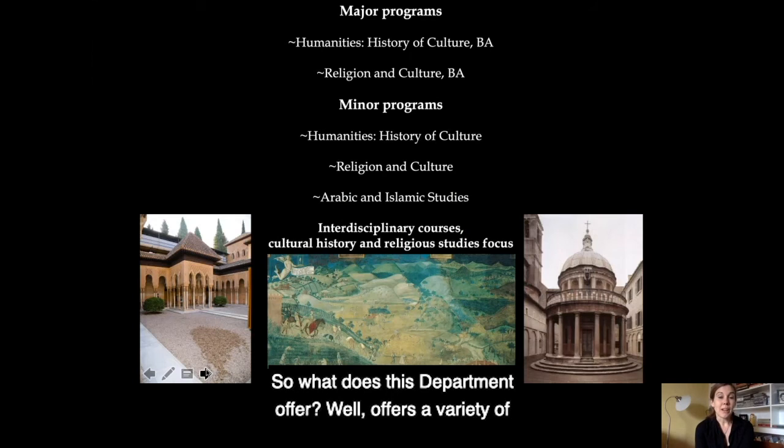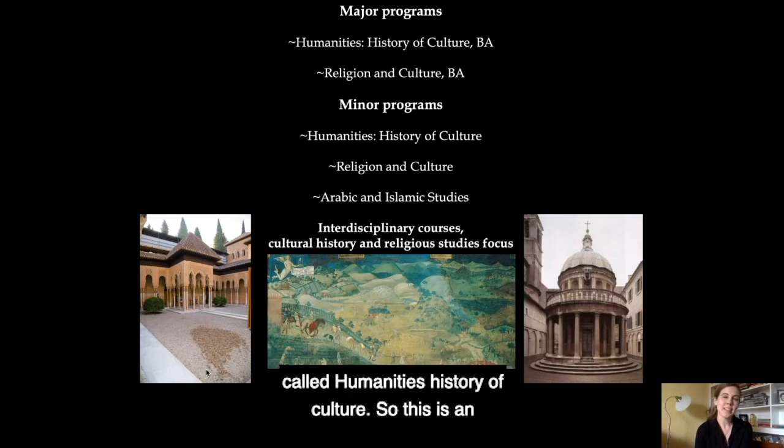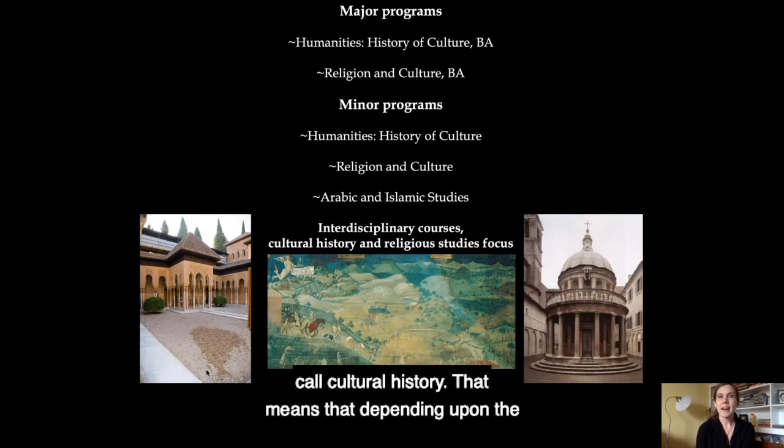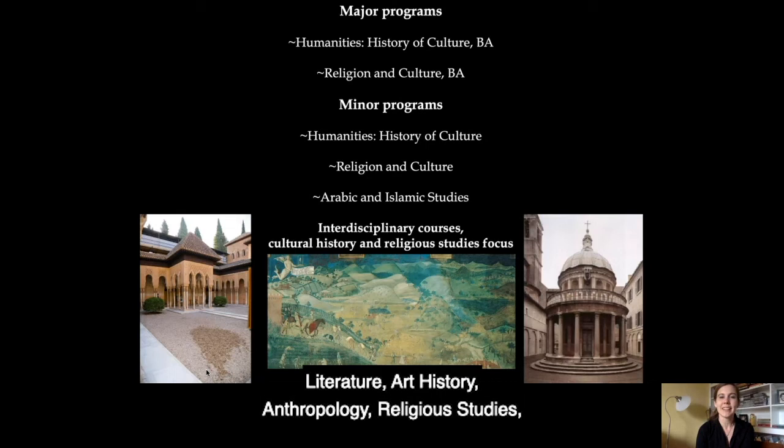So what does this department offer? Well, it offers a variety of different programs. It offers 2 BA programs. One of them is called Humanities History of Culture. This is an interdisciplinary humanities major that focuses on what we call cultural history. That means that depending upon the course, it draws upon disciplines like comparative literature, art history, anthropology, religious studies, history, philosophy.